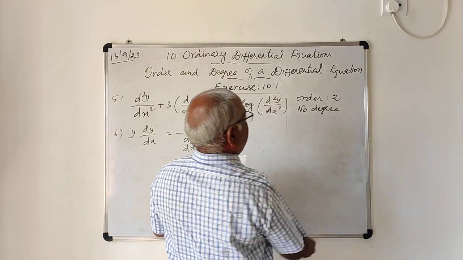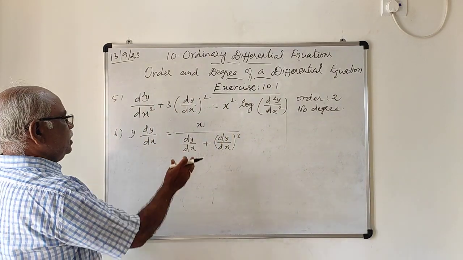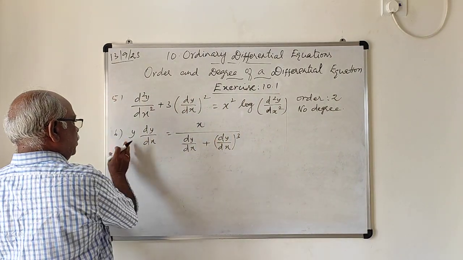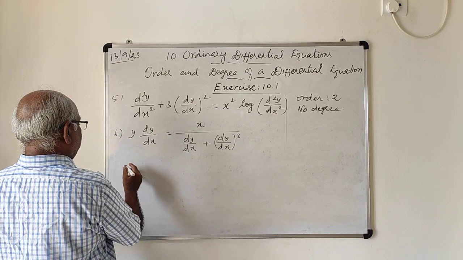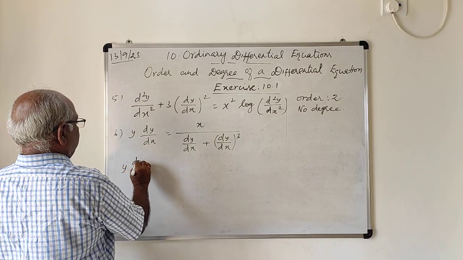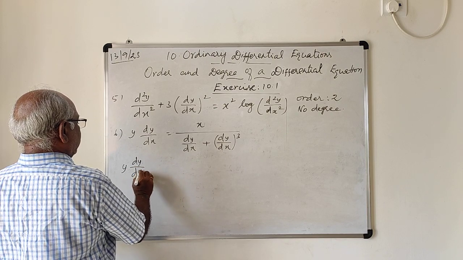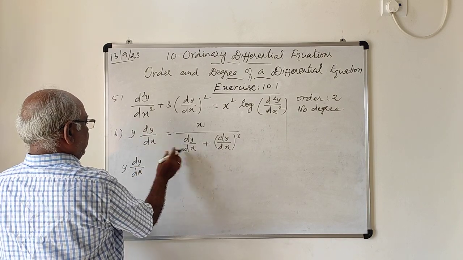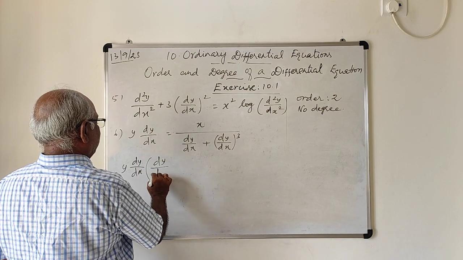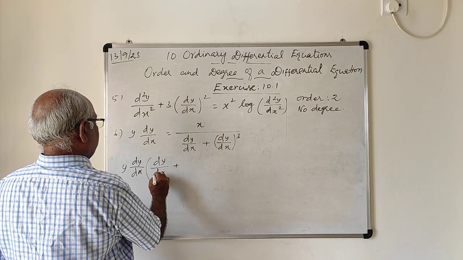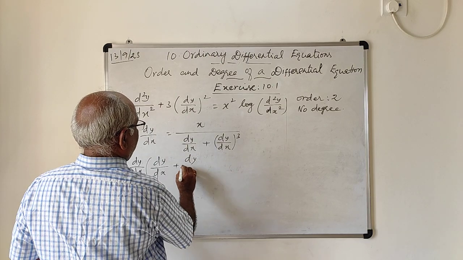To find the order and degree, you bring this denominator function to the numerator of the left hand side. You multiply the denominator function with the left hand side, you will get y into dy by dx into dy by dx plus dy by dx whole cube.